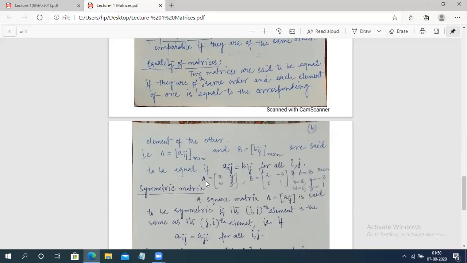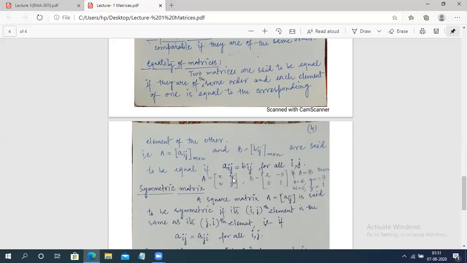If we are saying that A is equal to B, it means their corresponding elements are the same. A11 is x and B11 is 2, so x is equal to 2.